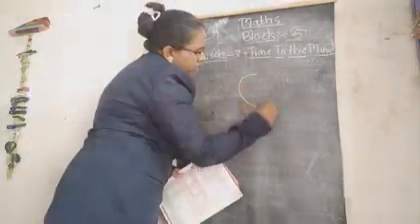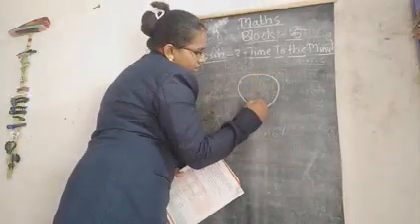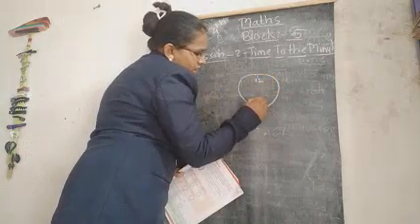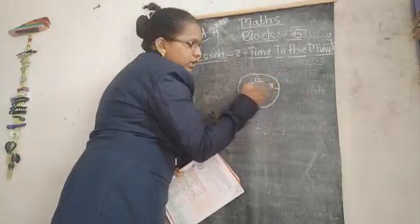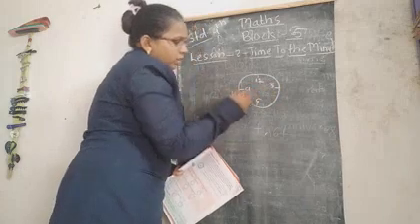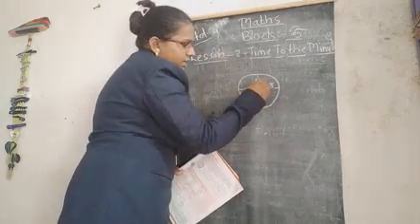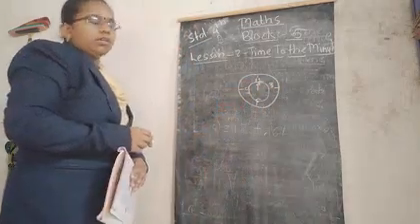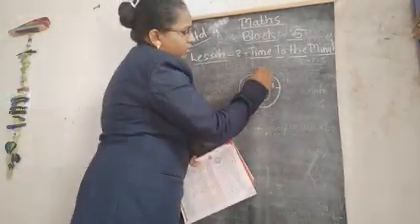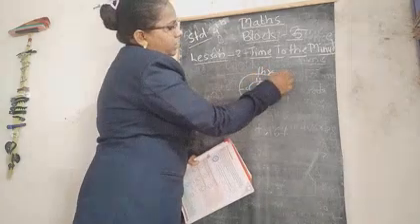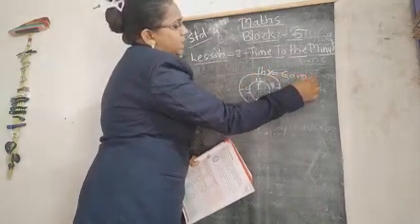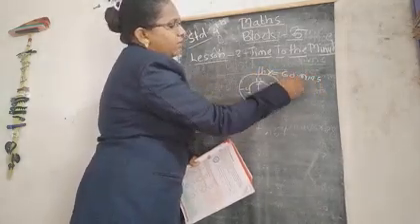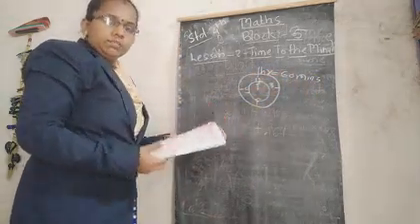Suppose this is a clock, here the 12, 6, here the 3 and here the 9. Suppose the minute hand completes one circle on the wall clock, so it completes 1 hour or 60 minutes. It is clear that 1 hour is equal to 60 minutes.